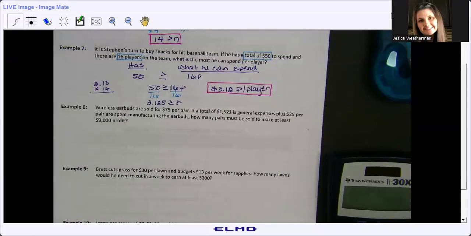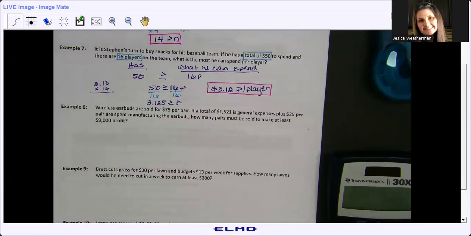Earbuds are sold at the store for $75 each. So they're getting $75 for selling them. But then how much does it cost to manufacture them? Well, $1,521 is general expenses, so they have to spend that much on something.